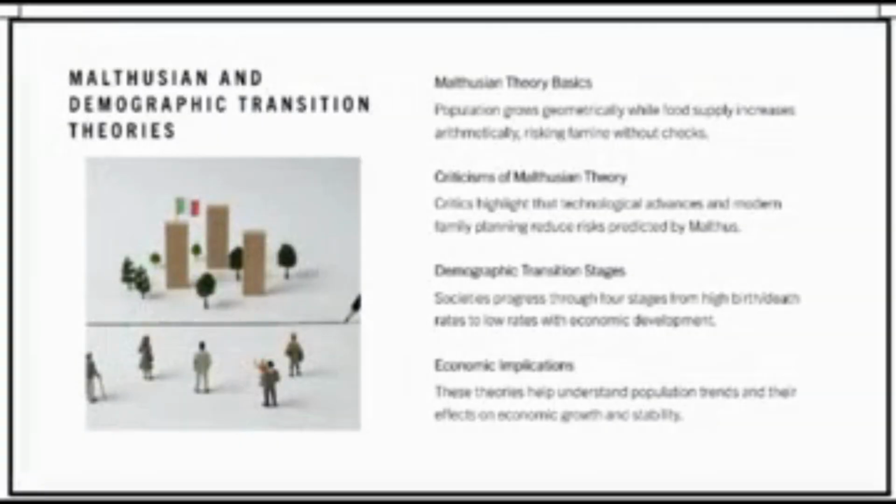The Malthusian theory, which was propounded in 1798 by Thomas Robert Malthus, looks at population growing geometrically, in terms of 2, 4, 8, 16, while the supply of food can grow arithmetically, like 2, 4, 6, 8. So it's saying that if population is not checked, it will outgrow food supply, which will in turn cause famine, war, diseases, poverty.